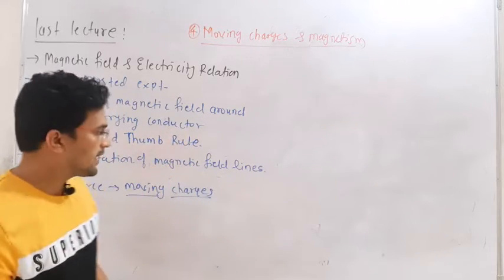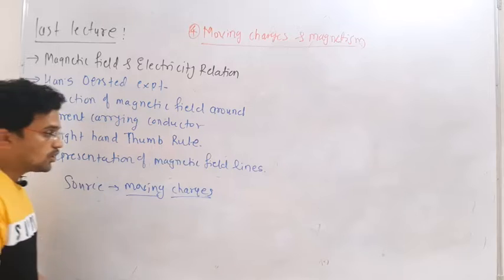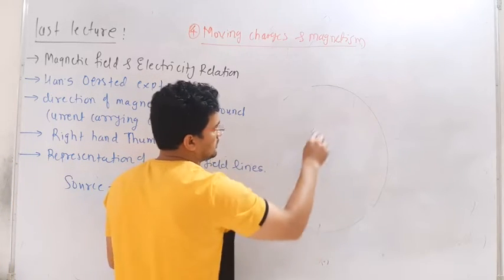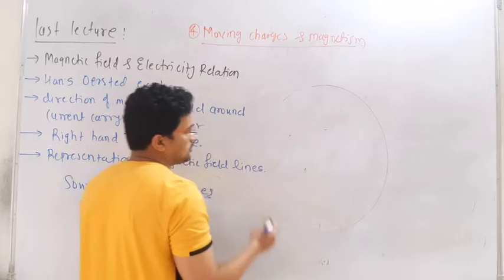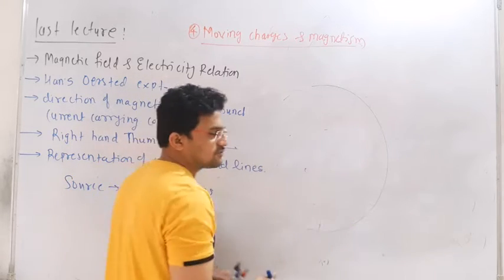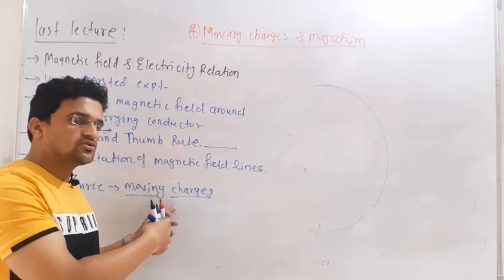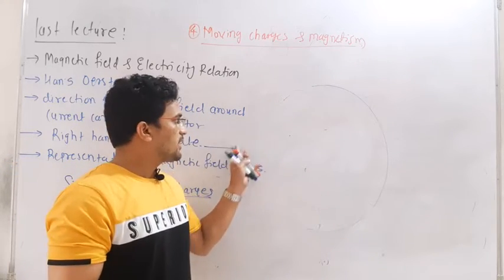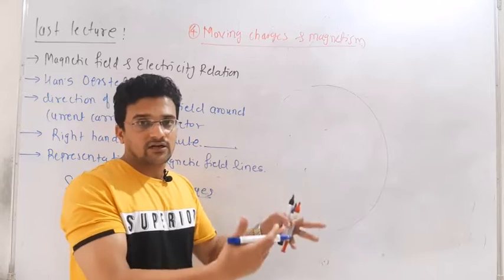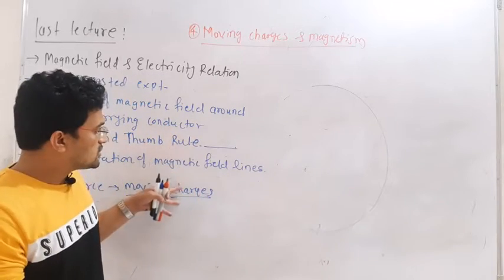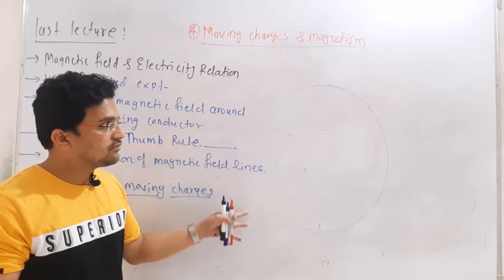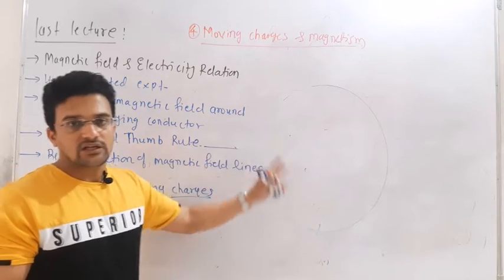Suppose there is already a magnetic field region here, and a charge enters into it. The charge is also a magnetic field source, and there is already a magnetic field, so the two magnetic fields interact. Due to this interaction the charge experiences a force, and the charge may get deflected in any direction.